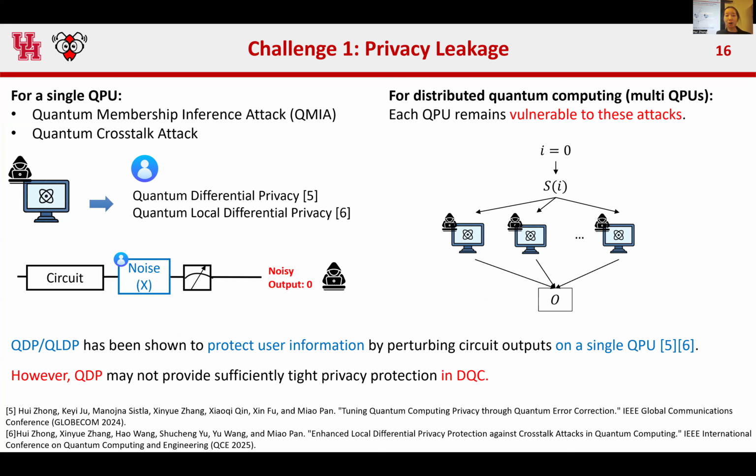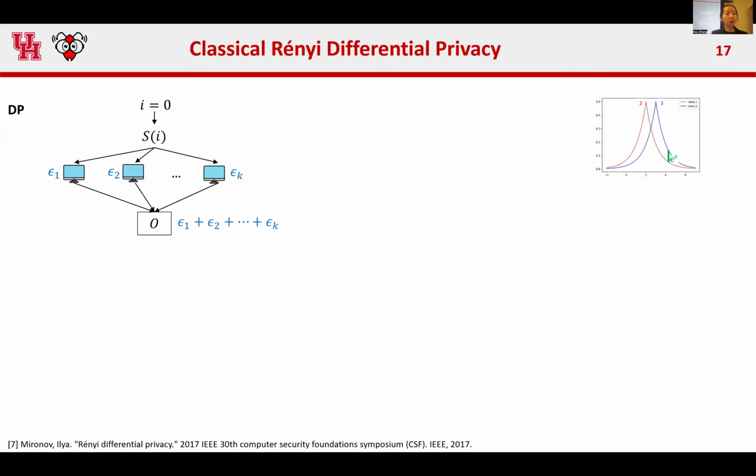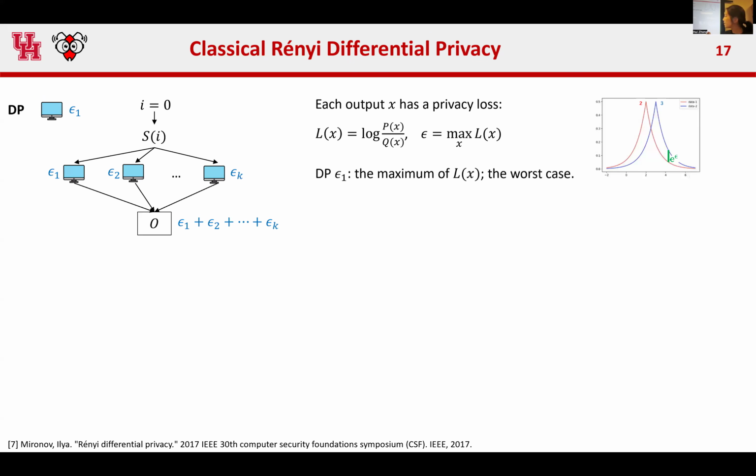So first, I will give you some background on how classical computing solves this problem, and then we extend it to the quantum version. Now, if we add DP directly in classical distributed computing, we can see there are several CPUs, and on each CPU we use DP, giving epsilon 1, epsilon 2, to epsilon k, and finally we get a cumulative privacy budget.